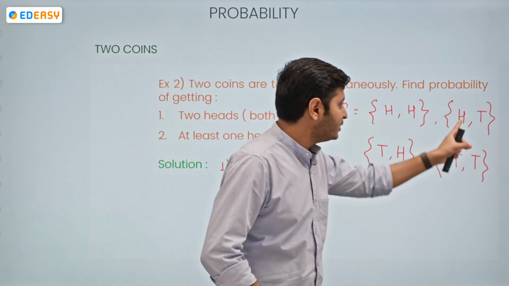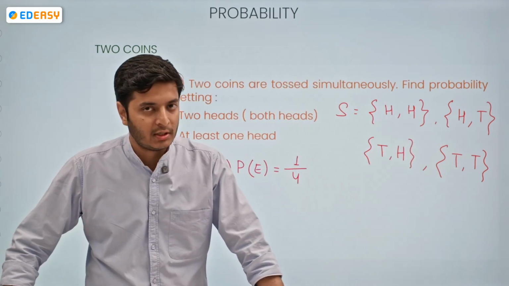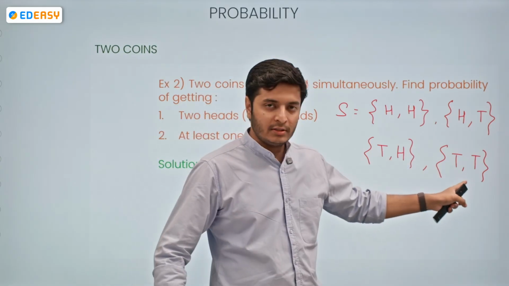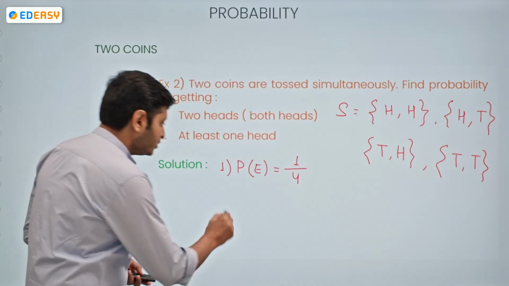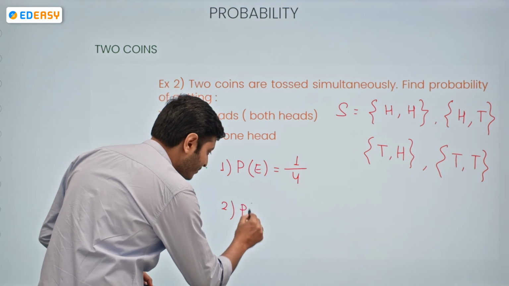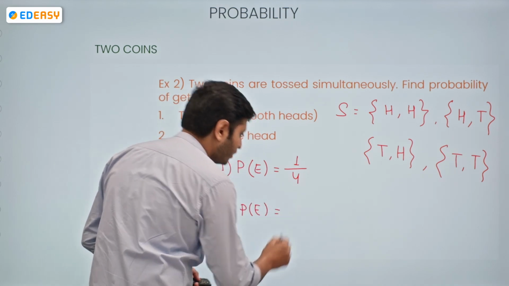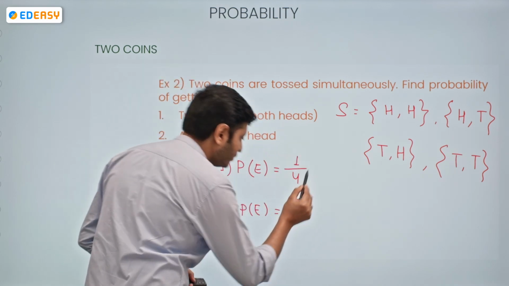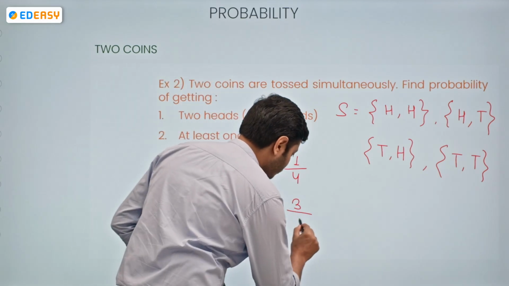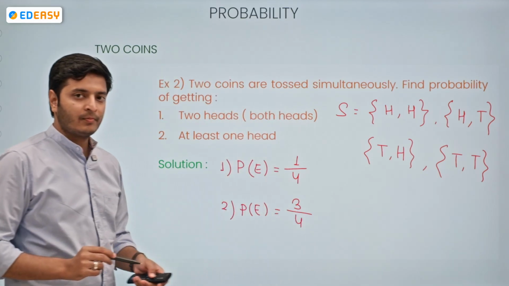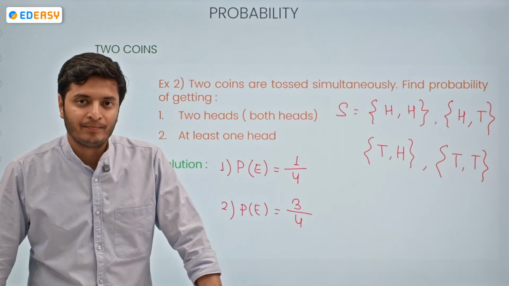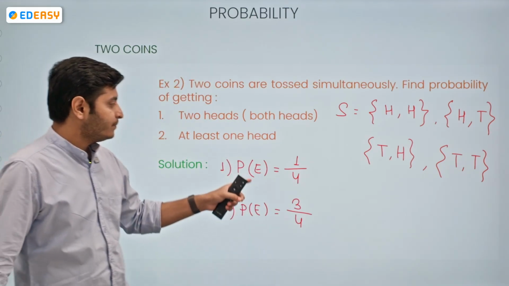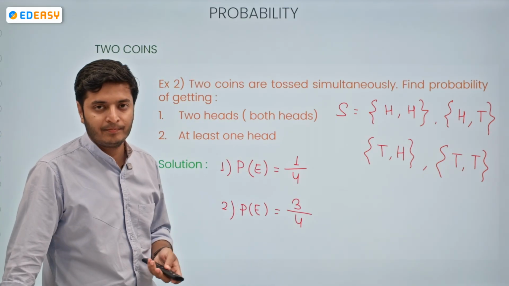So 3 favorable outcomes are there. In this one, there is no head, so we are not going to consider this one as a favorable outcome. So the probability of this event to happen is what? 3, the total number of favorable outcomes, divided by the total number of outcomes, 4. So the probability of this event is 3 by 4. So just look at the wording, at least one head.